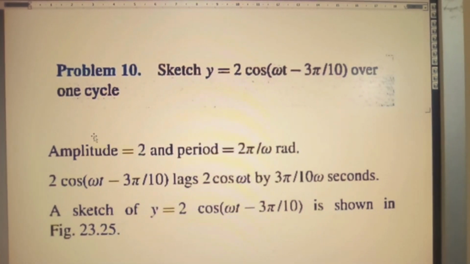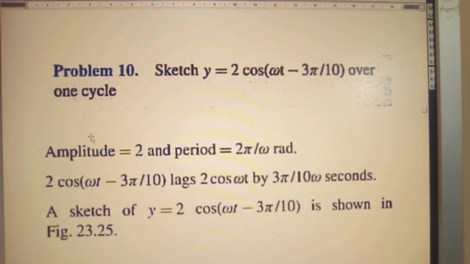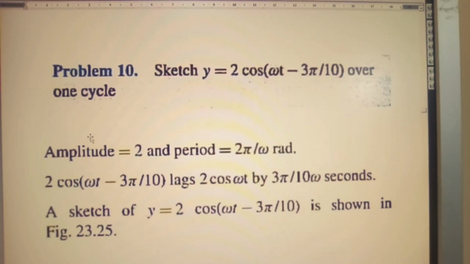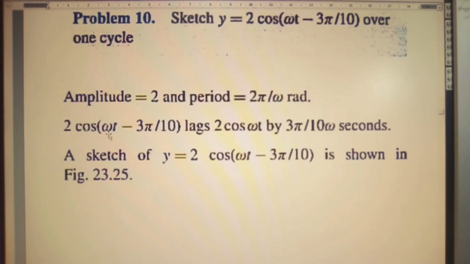Here you have amplitude equals 2 and period equals 2 pi over omega in radians. Somewhere here, we're showing you how to convert degrees to radians and radians to degrees. Just bear with me, I think it's coming up.